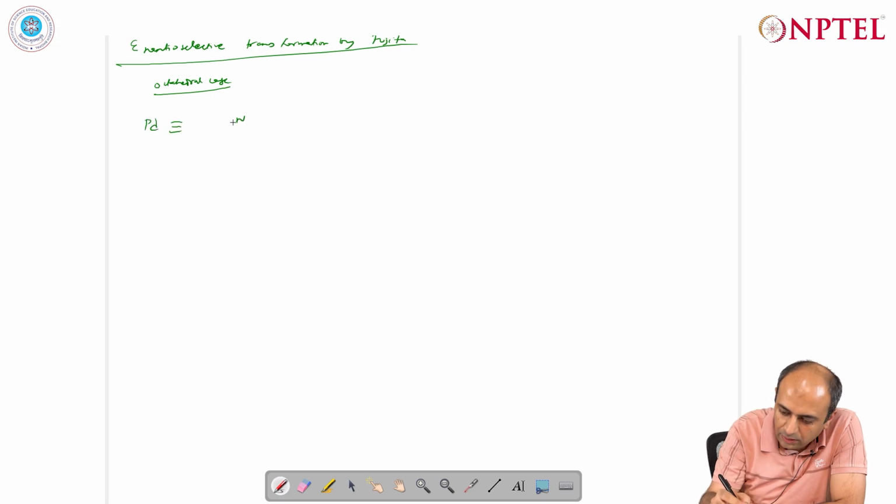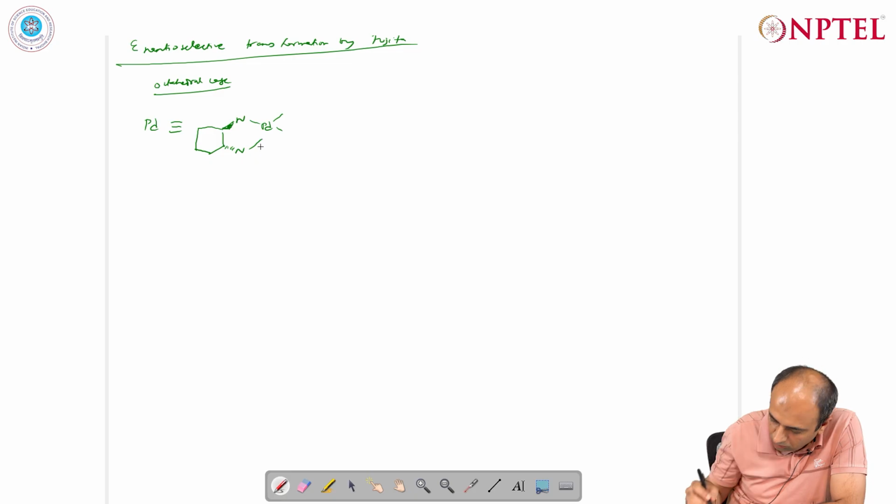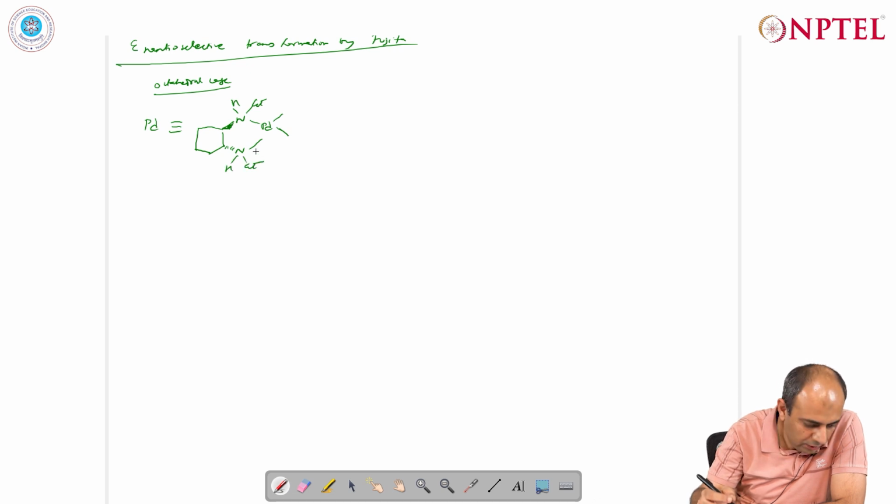So in the octahedral cage, at the palladium center we have taken a chiral ligand, okay, and you have ET, H, ET, and therefore you have the chirality here on the backbone, and so the chirality is coming from the palladium side, that is the chiral center, and this is used to bring about the photochemical reaction.